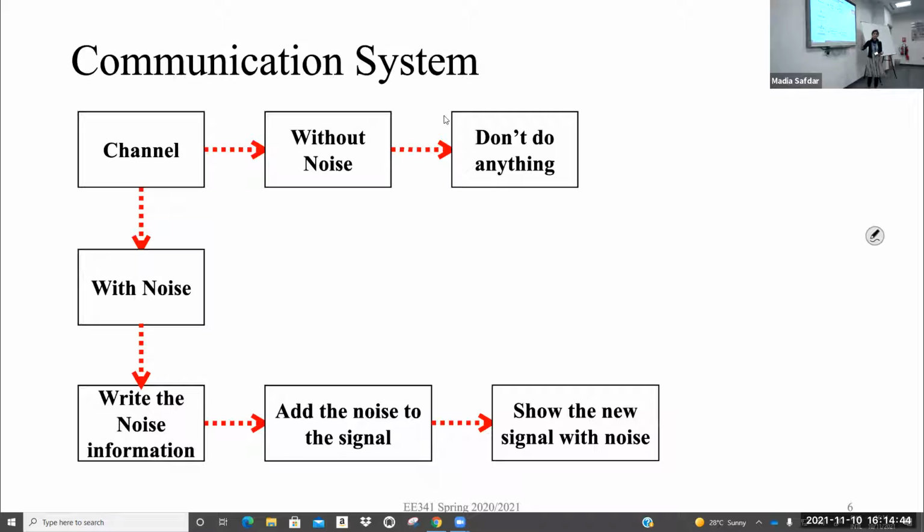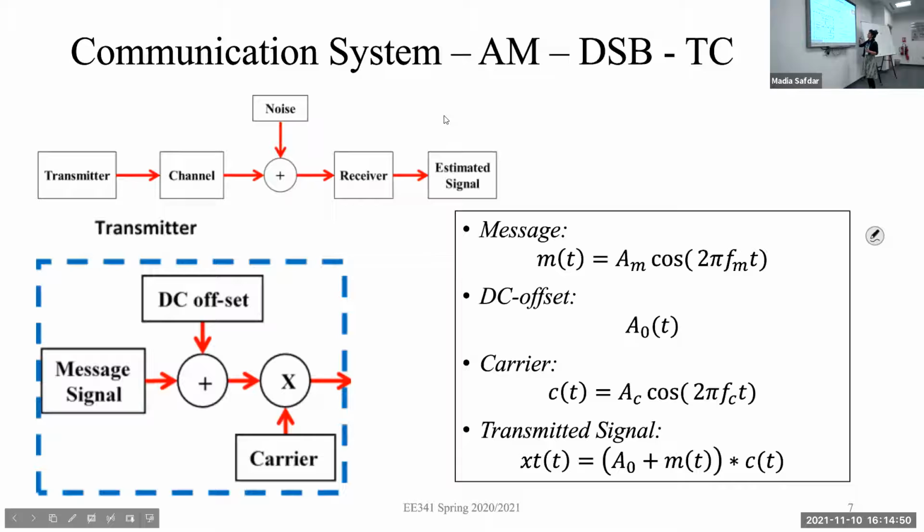Okay. The noise information will be given first, then you add this noise. But today we are not going to do this. We did this step in the previous class also. But there is one more thing, DC offset. We didn't add this in the previous class.